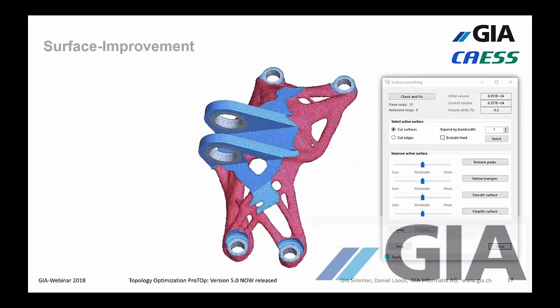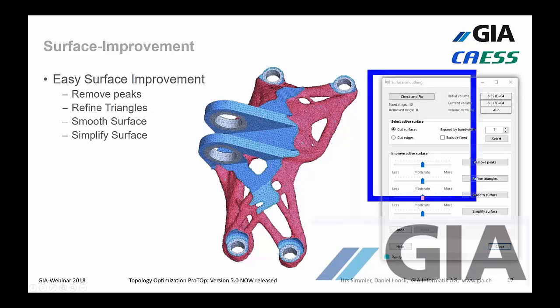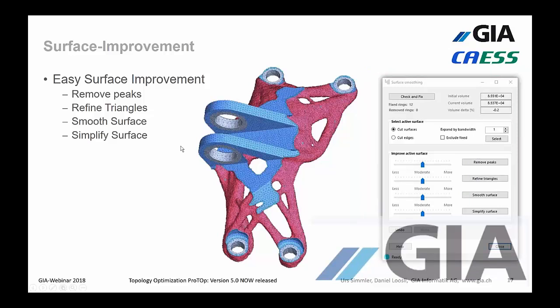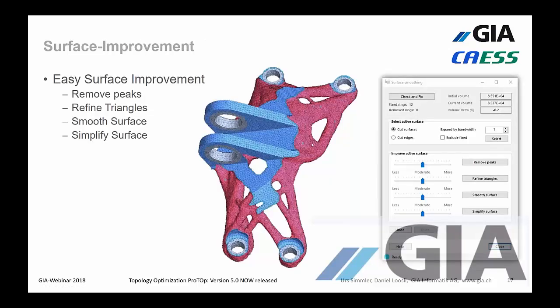And for me, a new highlight when it comes to the end of our topology optimization: we are getting a new bionic structure, and we have to smooth the surfaces. We have to remove peaks and refine triangles, and for that reason we got a nice new tool, and it's much easier to smooth and simplify those surfaces and this bionic structure.